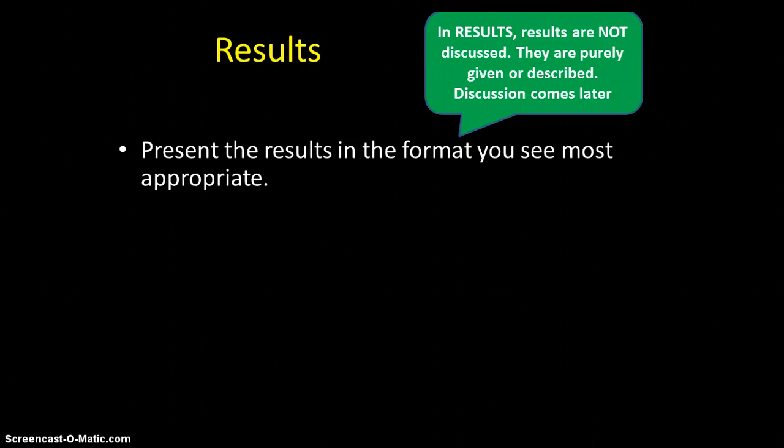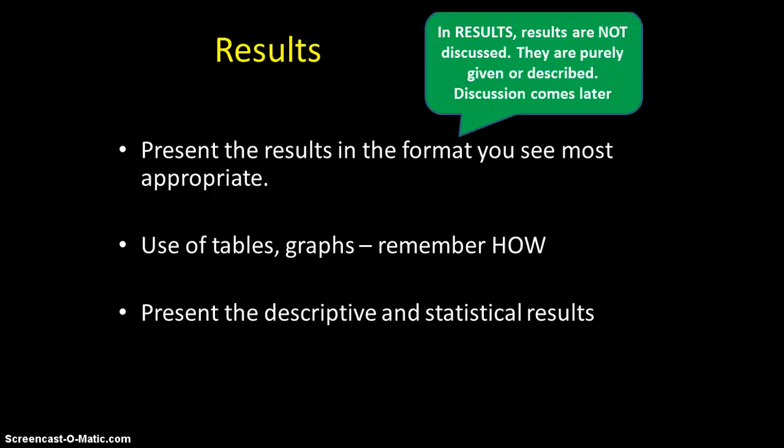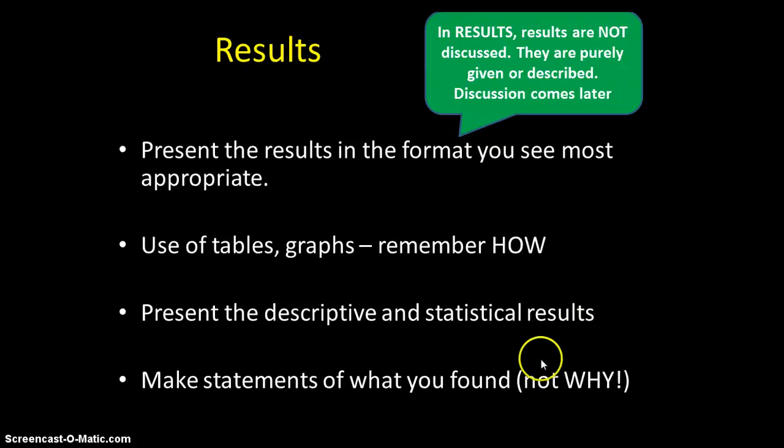So results is very much just about presenting what you've found. Use tables, graphs in Excel. Present your descriptive and statistical results. So you'll be stating the means and standard deviations. You'll be stating your statistical results that I will show you in just a moment. But remember, you don't go into discussing them. Make statements, don't discuss why.